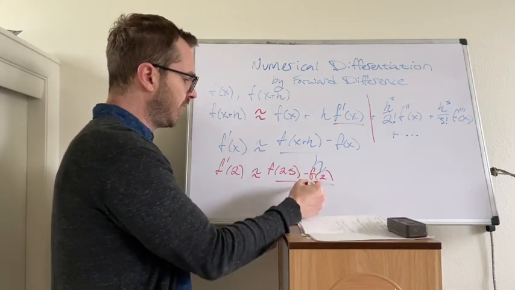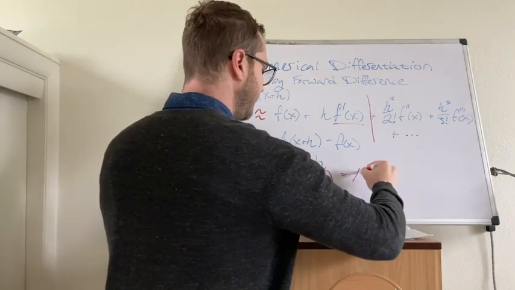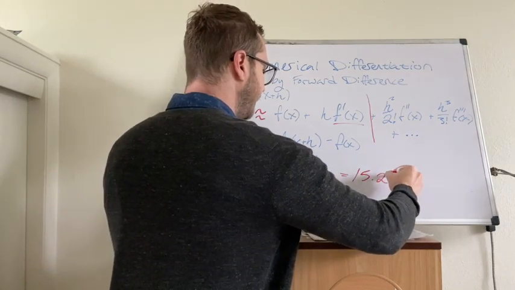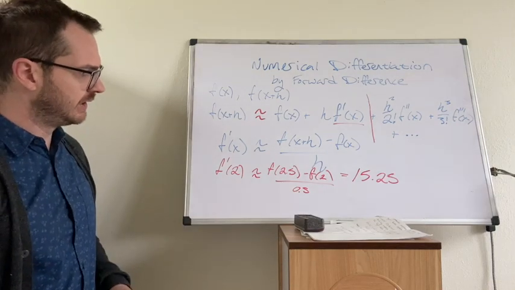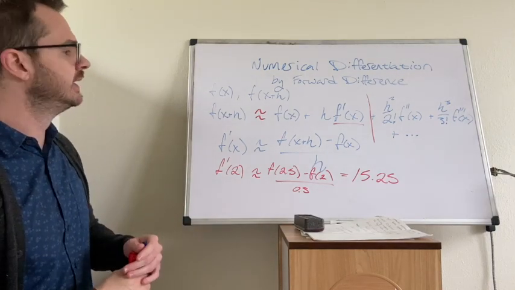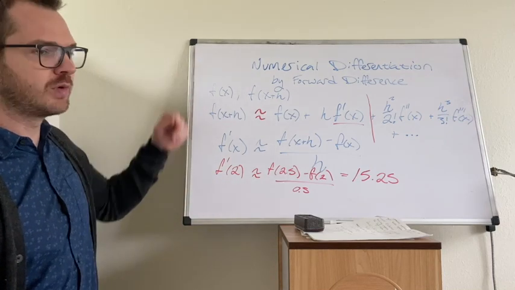H on that problem was 0.5, and if you calculate this, you get 15.25. Again, this was that first naive approach that we did, just looking at it graphically. So this is called the forward difference method.